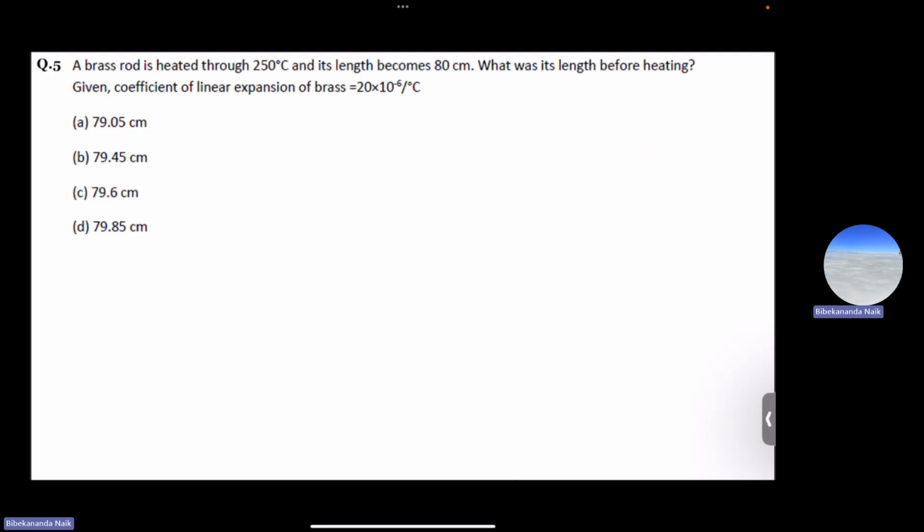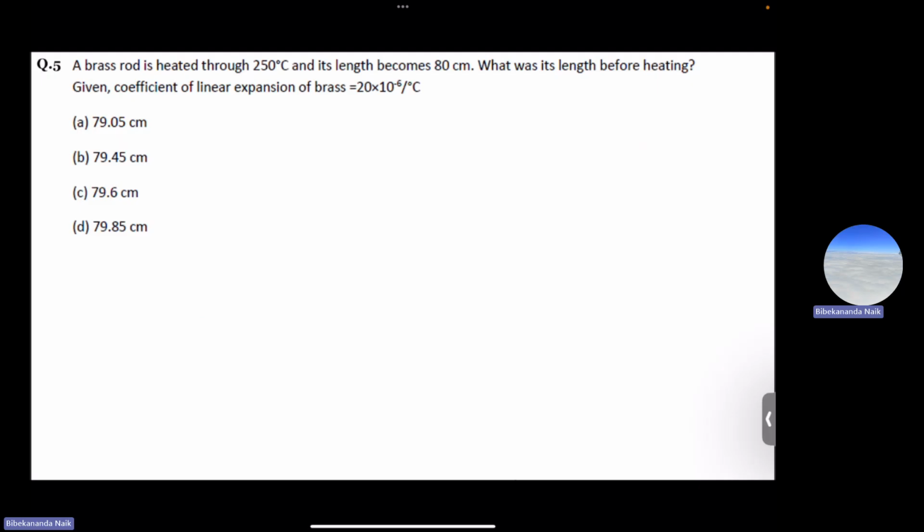In the previous question, the original length was given, and with increasing temperature, the new length was asked in the answer. But here it is given that when we heat the brass rod over a temperature difference of 250 degrees centigrade, its length becomes 80 centimeter. So we need to find out its original length, that is L0.